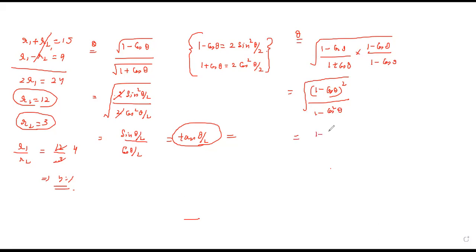So this is equal to 1 minus cos theta, because the square and root cancel, upon 1 minus cos square theta, this is sin square theta. So the under root of sin square theta is sin theta. Fine.